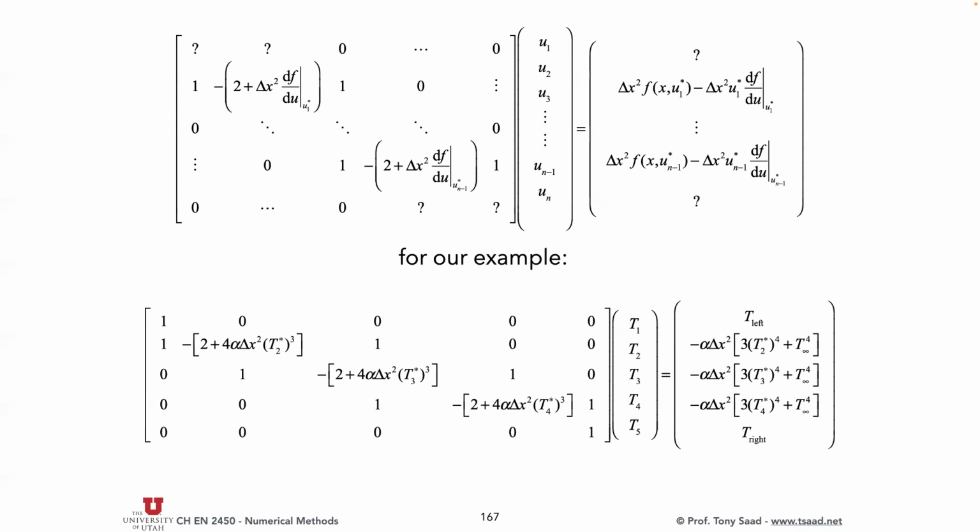You solve again, and you keep solving until the solution T and T star no longer differ by whatever tolerance you want. It's identical to the idea of solving a nonlinear system of equations, linearizing it, starting with a guess and iterating until your solution and the guess are almost identical.